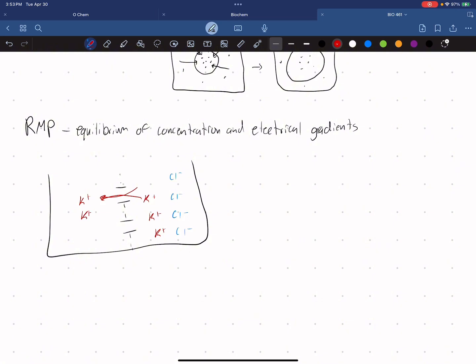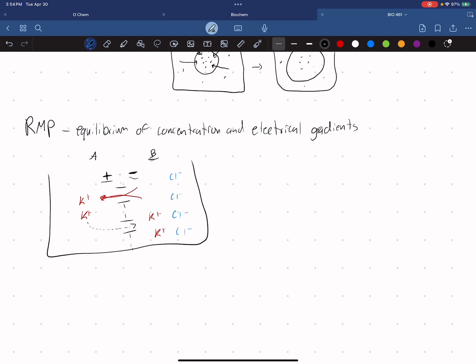And so when that happens, we will have an increase of negative charge on this side, an increase in positive charge on this side. And so due to this increasing negative charge on, we'll say this is side B, this increasing negative charge will cause this potassium to come back over to side B in order to equal these positive and negative charges.